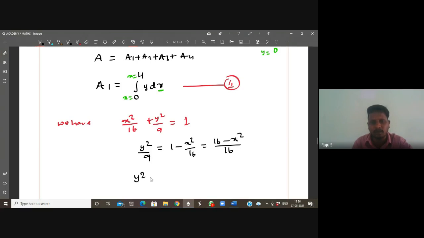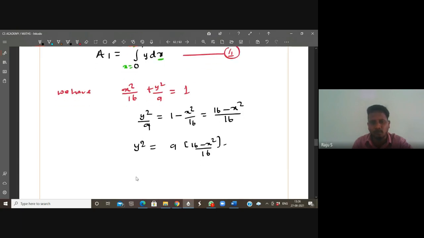So y square is equal to 9, you can cross multiply, so 9 into 16 minus x square by 16. So y is equal to square root of 9 by 16 into 16 minus x square. That is nothing but 3 by 4 times root over 16 minus x square.